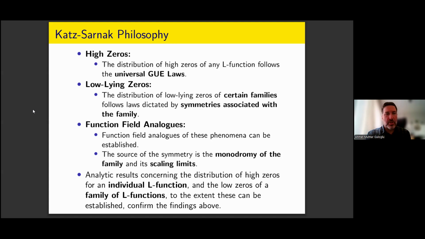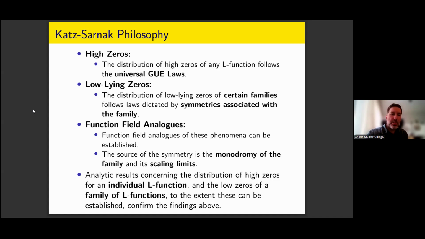You can show that. However, the disadvantage of this is that there are several different subgroups of these matrices, and you cannot distinguish exactly which matrix family you're talking about if you use high zeros of L-functions. But if you concentrate on the zeros which are very close to s equals 1/2, which are called the low-lying zeros, then for certain nice families, you can find the corresponding family of matrices.